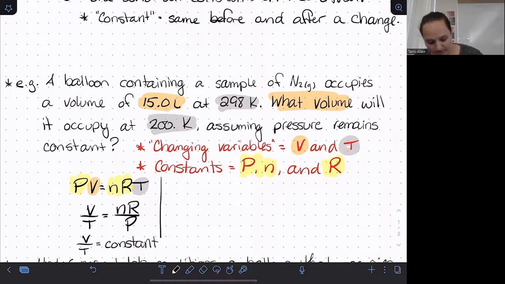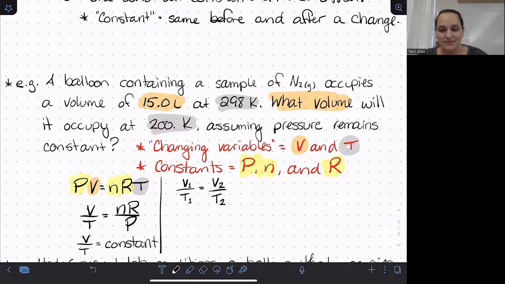So that means that the volume over the temperature at some initial point in time, let's call it time 1, is going to be equal to the volume divided by the temperature at some second point in time, let's call it time 2. So this relationship of V divided by T equals a constant is allowing us to say that V divided by T at some point in time is going to be equal to V divided by T at some other point in time.